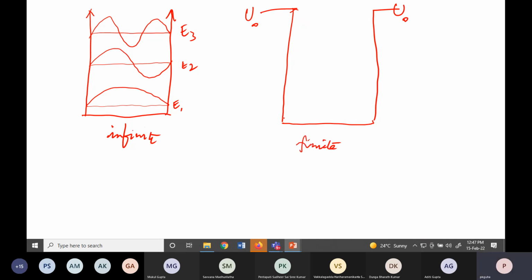I am trying to draw, it is difficult. So this E1 should be lower than E1 here, E2 should be lower than E2 here, and E3 should be lower than E3 in the infinite potential well. And what do the wave functions look like? Wave functions will be like this.